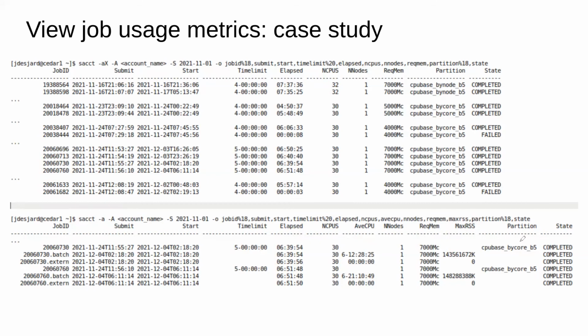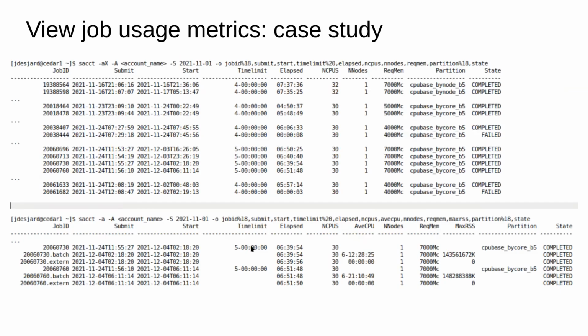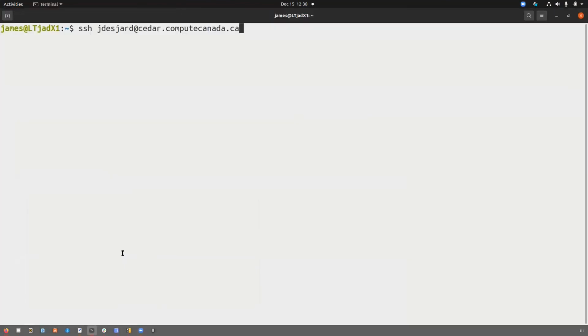Okay, so that's looking at the job states and some of the high-level utilization metrics that we have in there. Then what I'm going to do is go onto the cluster here. I'm going to go onto Cedar, and I'm going to replicate this issue.